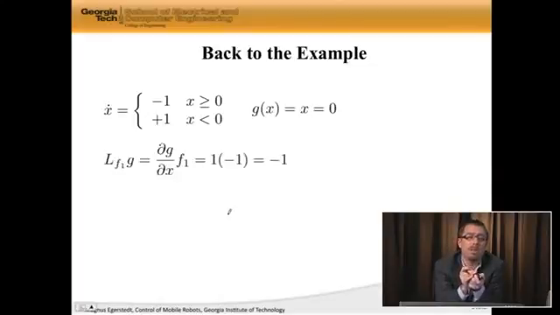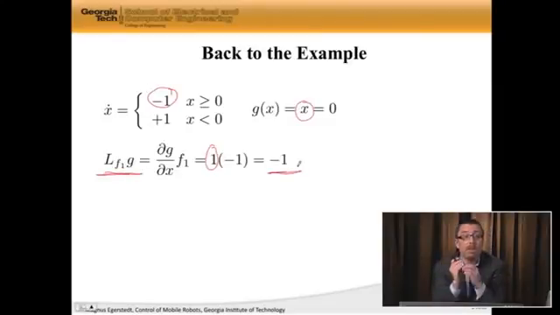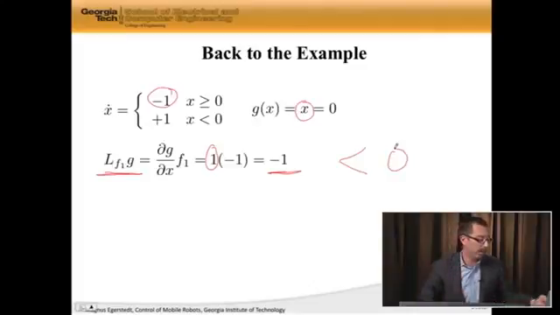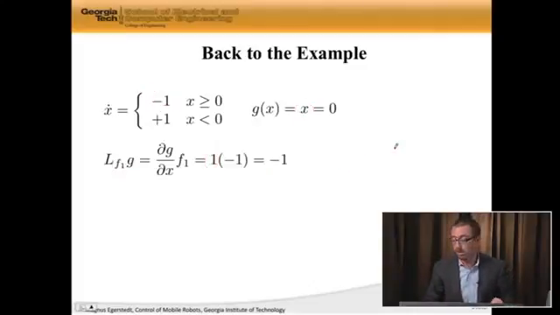Okay, let's compute some of these Lie derivatives. So LF1g is the derivative of g with respect to x, and the derivative of that with respect to x is simply 1. F1 is simply negative 1. So the Lie derivative is negative 1, which is one of the things we needed for sliding, we needed this to be negative for type 1 Zeno to occur. That's the first.